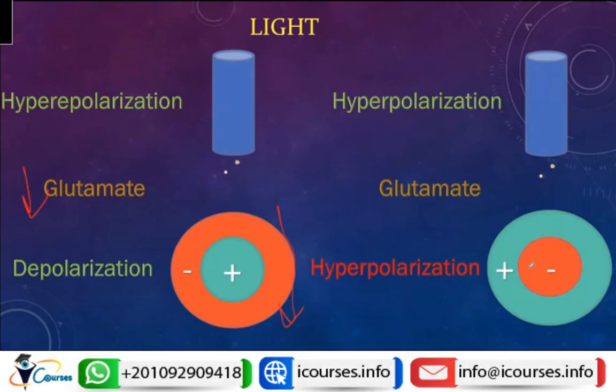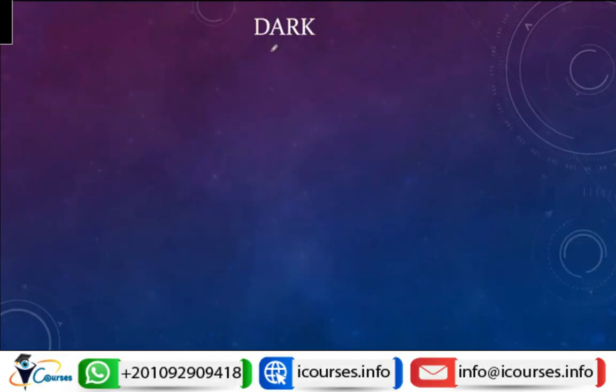In case of the off center and on surround, the hyperpolarization or stimulation of the photoreceptor will release less glutamate, so the glutamate will be less, and this will lead to stimulation of the center. So the center here will be hyperpolarized and will be inhibited. So there will be inhibition of the inhibitory bipolar cell, leading to facilitation of the electrical signal so as to reach the ganglion cells.